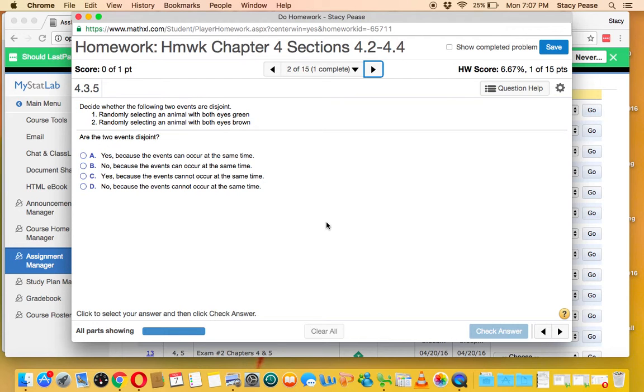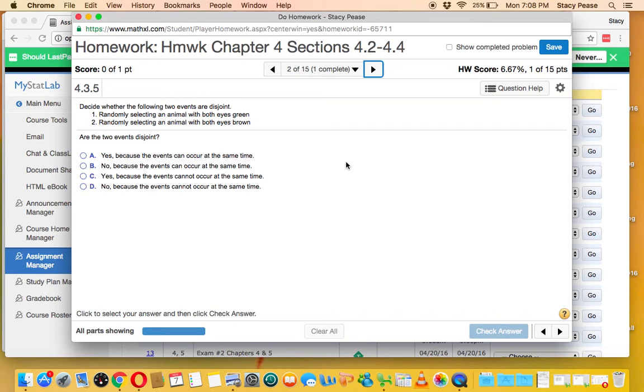Okay, next question comes from Chapter 4, Section 3, and we're going to decide whether two events are disjoint. So let's first figure out what a disjoint event is, and then from there we can review the rest of the question and make an answer. When events are disjoint, that means they are not connected, and it also means that they cannot occur at the same time.